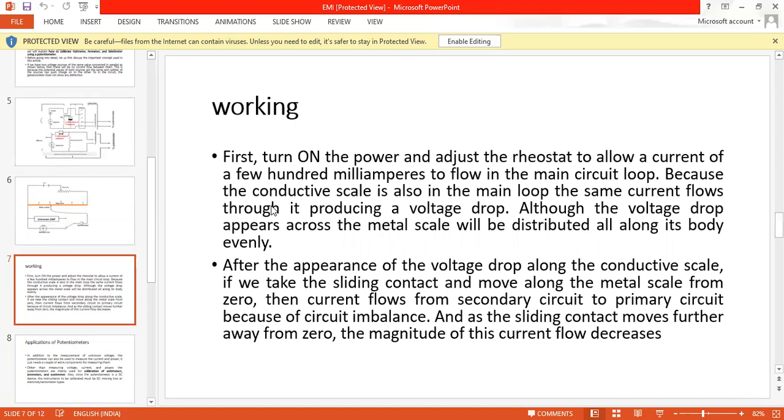If we take the sliding contact and move it along the metal scale from zero, then current flows from the secondary circuit to the primary circuit because of circuit imbalance, and as the sliding contact moves further away from zero, the magnitude of this current flow decreases.